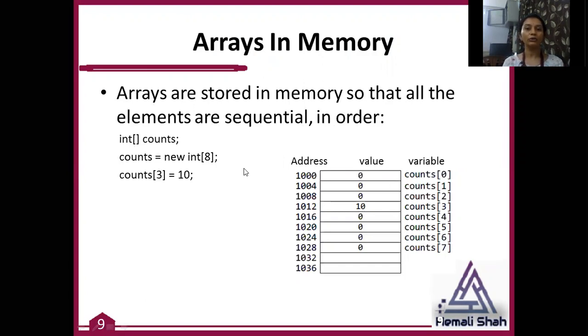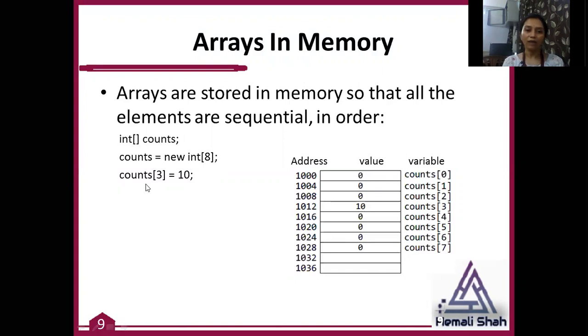If you want to access your first element, the syntax is the array variable name, counts, and index is 0. You can access this first value. If you want to access the last value, here this integer array counts has size 8, so the last element index is up to 7 only.